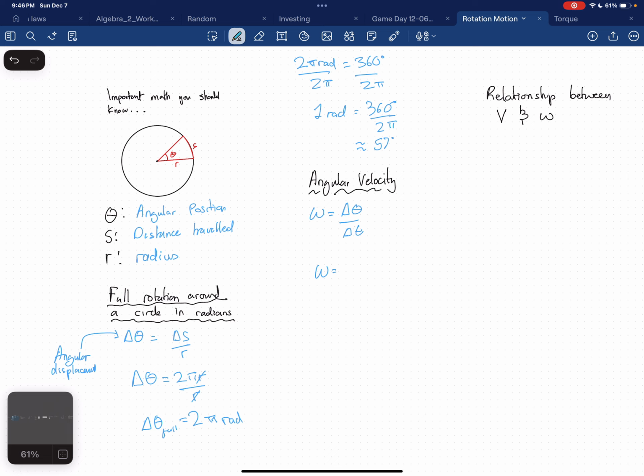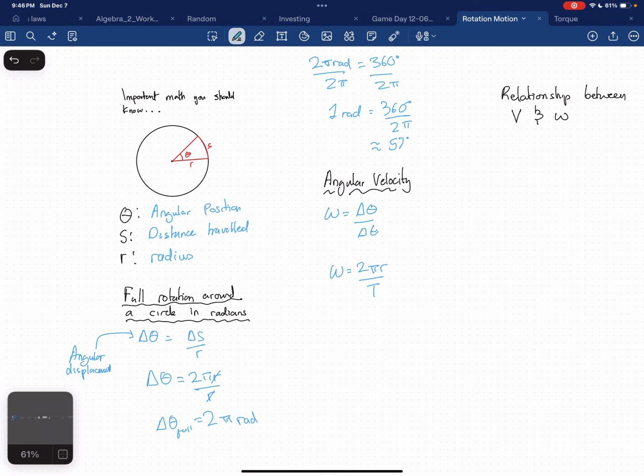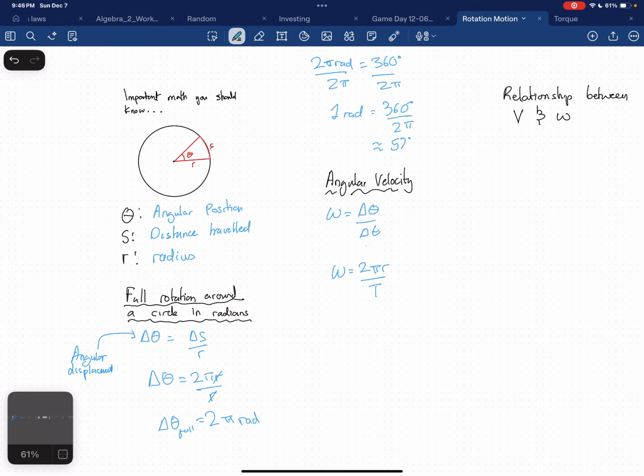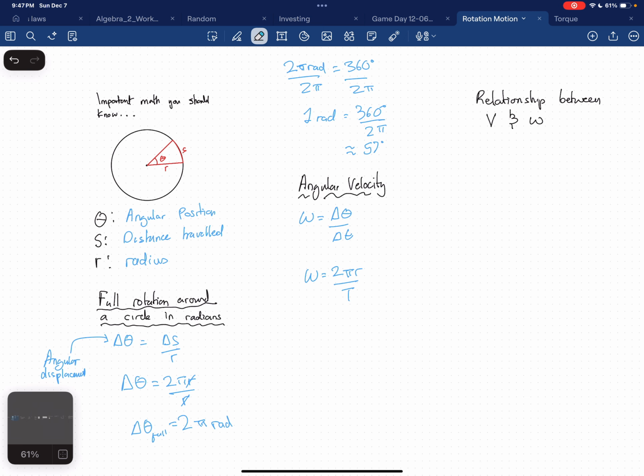I can say my angular displacement will be 2 pi, and my time will be the period. So delta theta is 2 pi, and delta t is 1 period: the one full rotation over the time it takes to complete one full rotation.